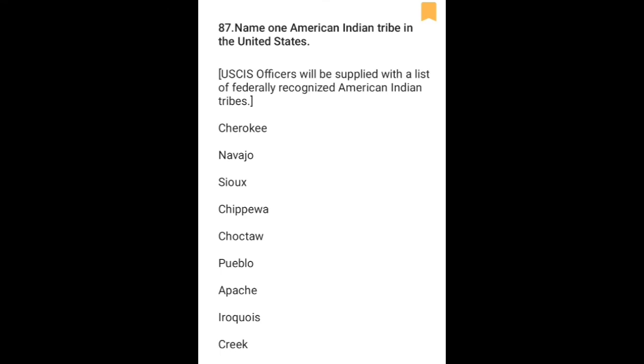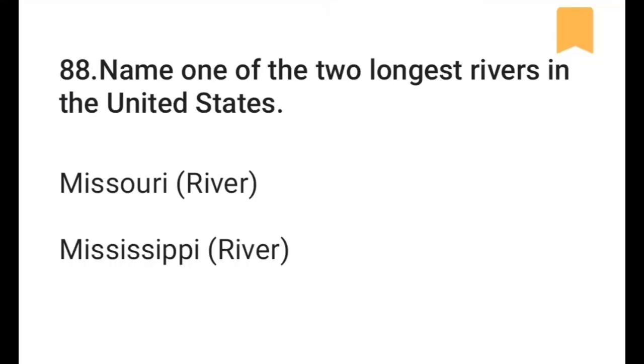Cherokee, Navajo, Sioux, Chippewa, Choctaw, Pueblo, Apache, Iroquois, Creek, Blackfeet. Name one of the two longest rivers in the United States. Missouri River, Mississippi River.